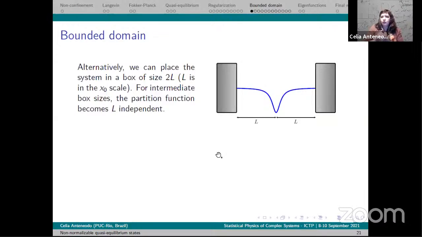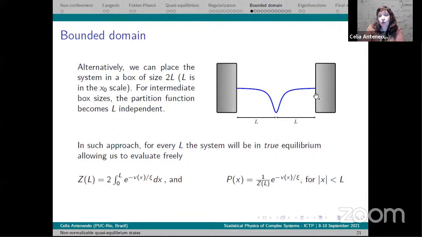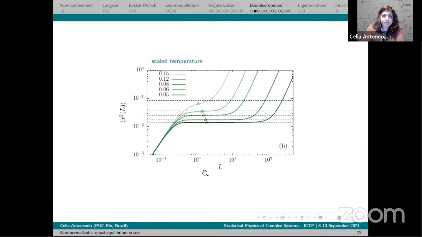I wanted to comment also on another perspective, another way to see the problem that can give insight, that is to consider our original potential, but now with a wall at distance L. So that in this case, the evolution will lead to a true equilibrium situation that we can integrate.